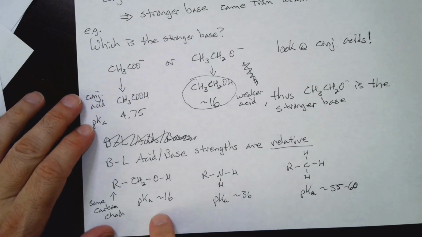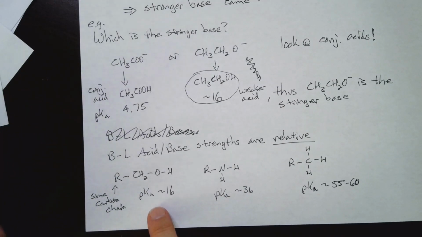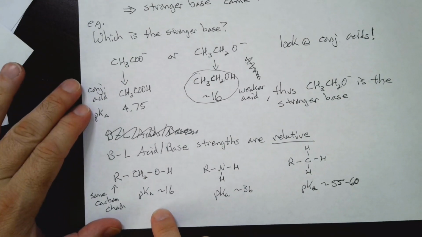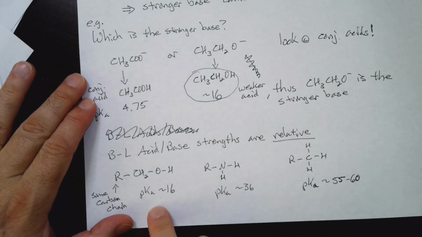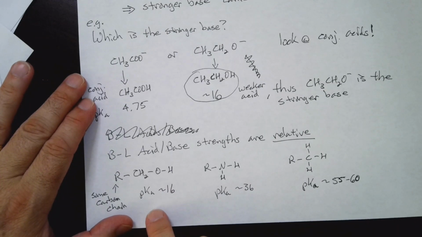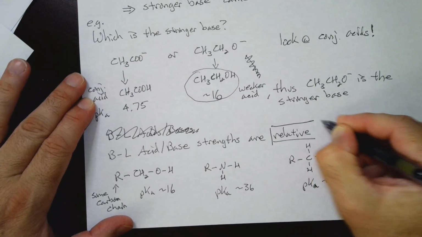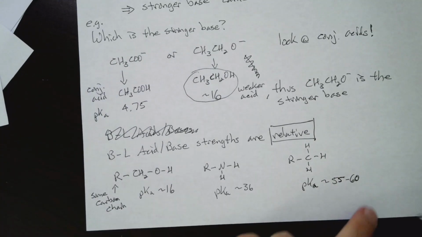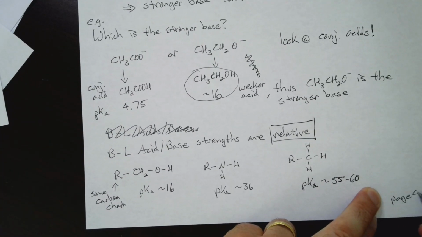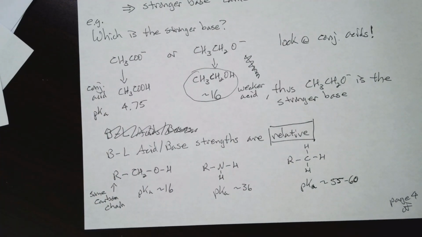Now, that's not to say that ethanol is a strong acid in absolute terms. Ethanol is a weak acid compared to acetic acid, and it's a very weak acid compared to hydrochloric acid. So again, I really want to emphasize how these acid and base strengths are relative. That's something important to think about.